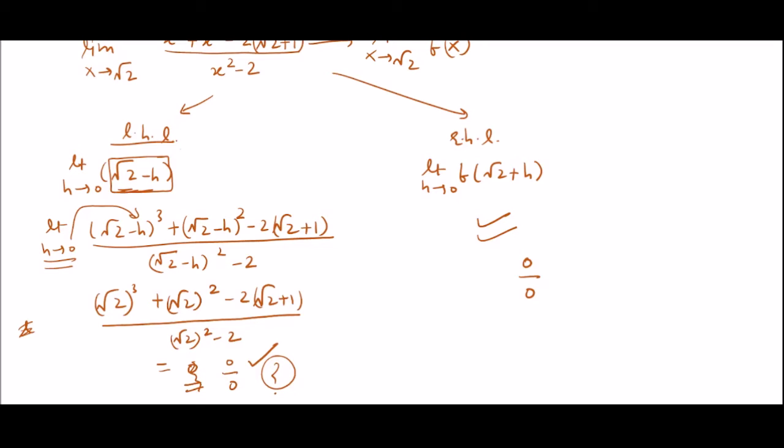So we will apply L'Hopital rule also along with the limit. We write L'Hopital rule. Okay. And the most important fact here is that we can apply L'Hopital rule with limits only.